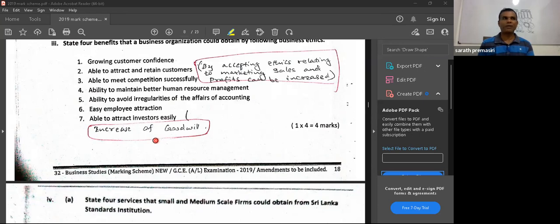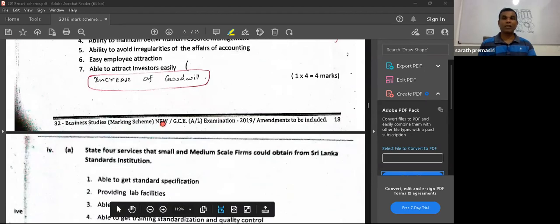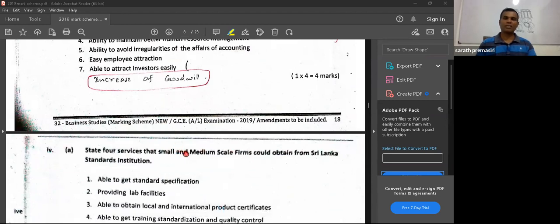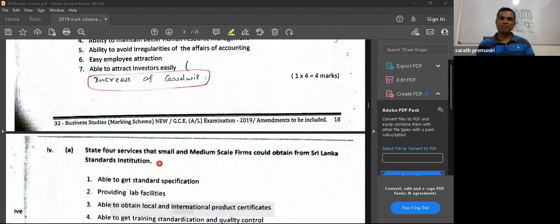Those types of government institutes are very important with regard to business activities. So here, how the Standards Institution contributes to small and medium scale industries, firms, to develop their business activities.